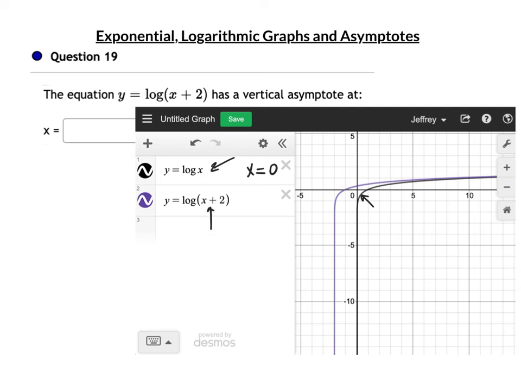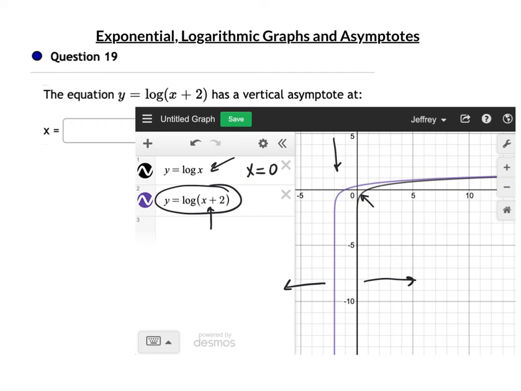If I replace x with x plus 2, which is the equation we have in this question, that's a horizontal transformation. Horizontal transformation moves things left and right. That does have an effect in this case on the asymptote because the asymptote is vertical. We can see then what happens. Remember that what happens if it's horizontal is the inverse.